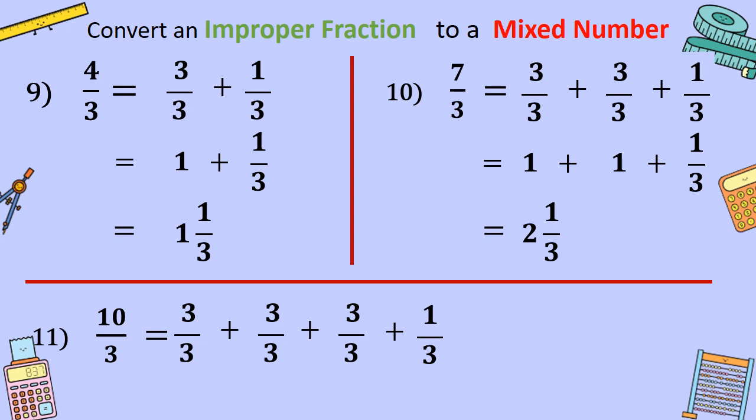Now the reason why we wrote it this way is simply because we want to get rid of 3 by 3 and replace it with a whole number. So each 3 by 3 is replaced with 1. We add them together and we get 3 1 by 3, which is a mixed number.